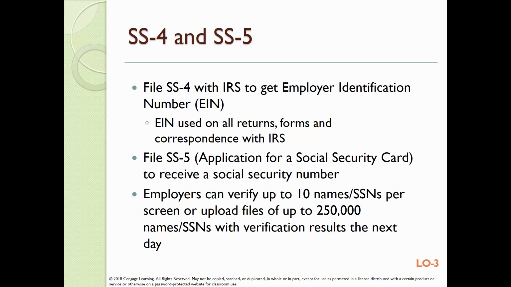To do that, you complete an SS4 and send it to the IRS, and you're going to get a number that's the same number of digits as a social. It starts with 2 digits, then a dash, and then 7 more digits. It's like a social security number for a business.